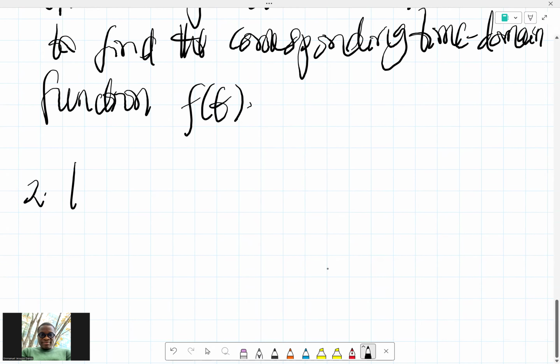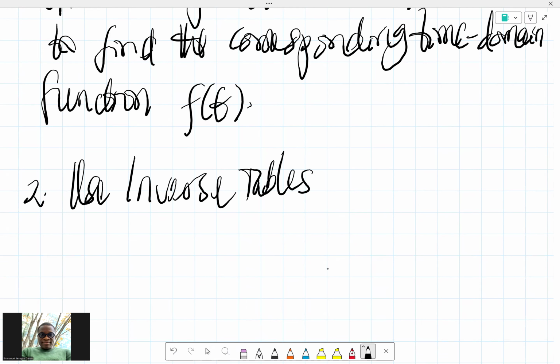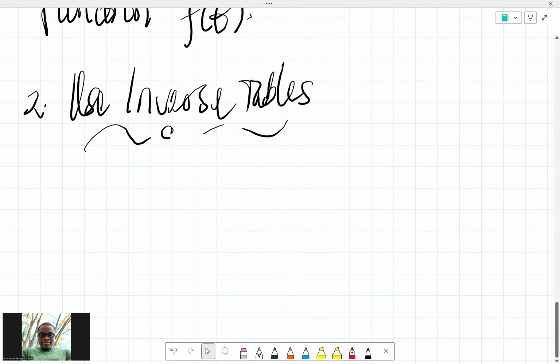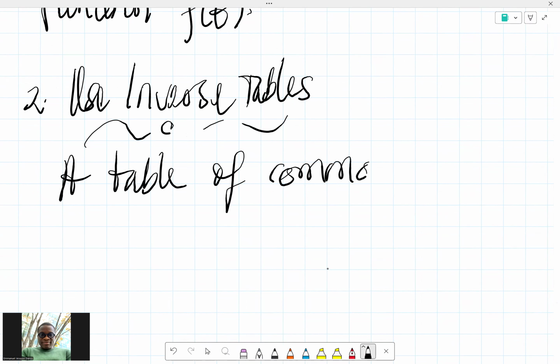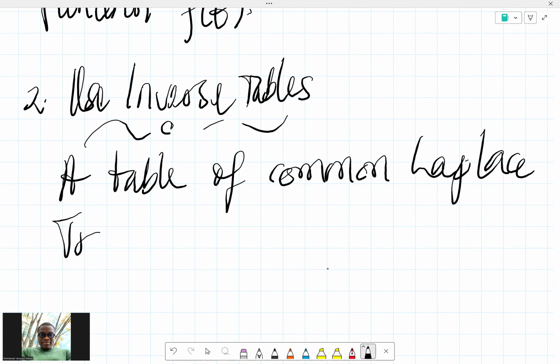Then number two, you can use inverse tables if available. Use inverse tables or your recognition of possibilities.